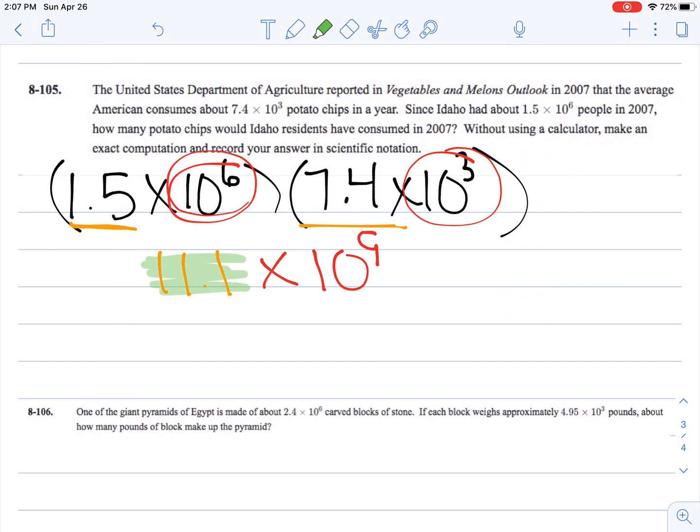This number is not in correct scientific notation. The 1 should be the only leading value in front of that decimal. So we need to move it over. So it would be 1.11 times 10 to the 10th. Okay, we went to the left, so we add that.